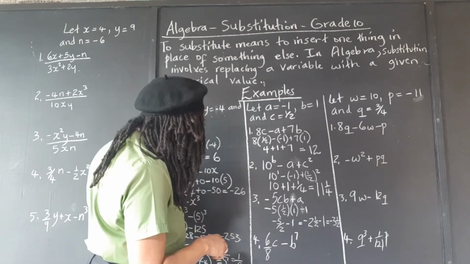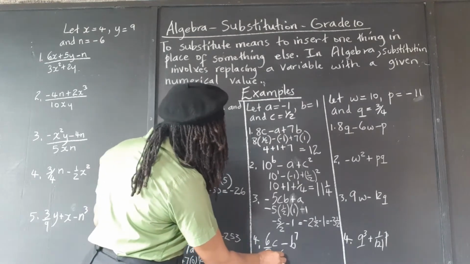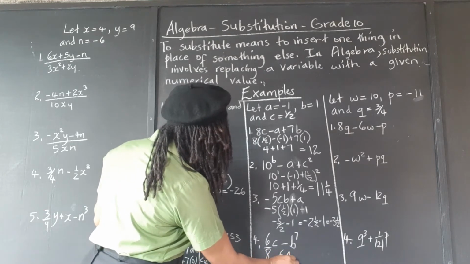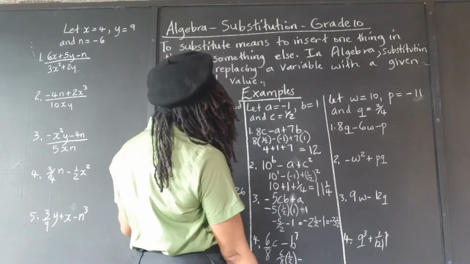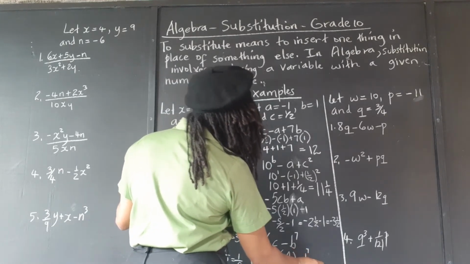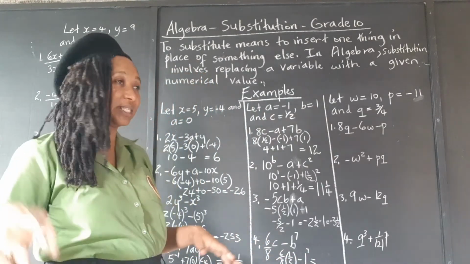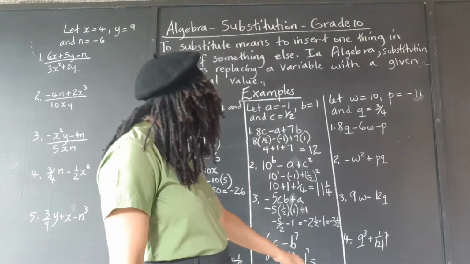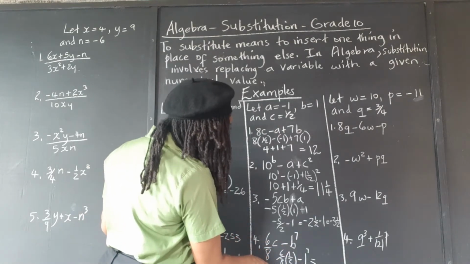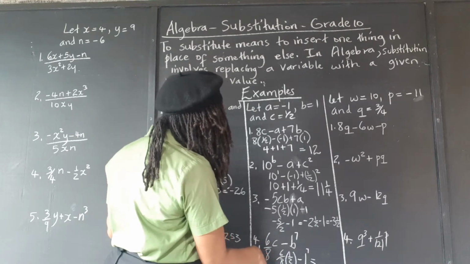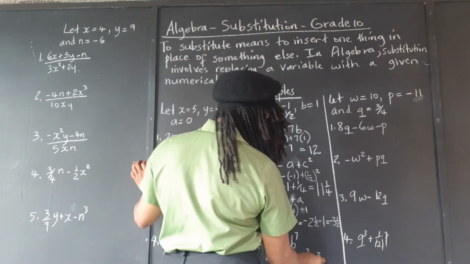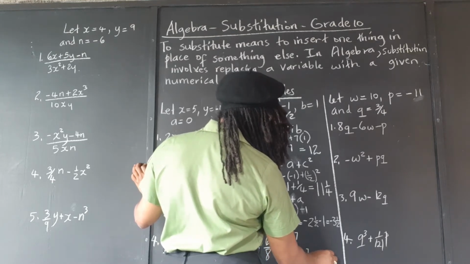Okay, so here we have 6/8 times C. C is a half. Minus b to the 7th. So b is 1 to the 7th power. 1 to any power is the same 1. 1 times 1 times 1 times 1. 1 to the 7th power is 1. A half of 6/8 would be 6 over 16, which cancels down to 3/8 minus 1.